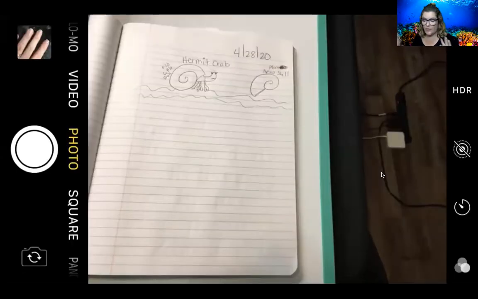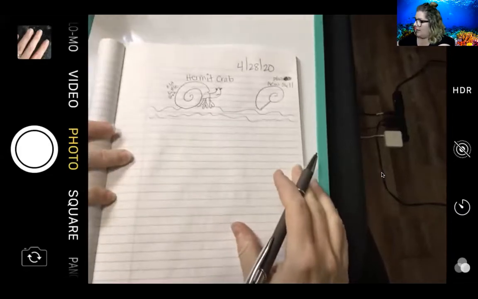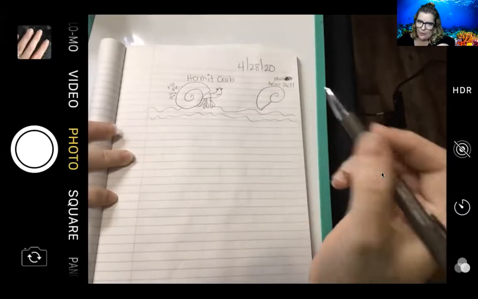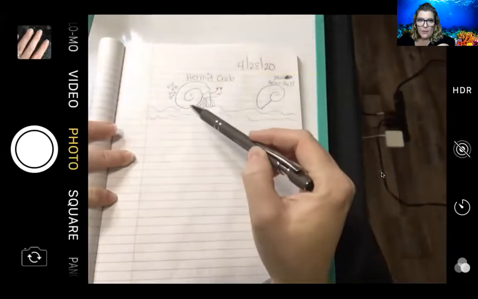Okay, so first, I'm going to do my writing lesson. I'm going to share my screen with you and I want you to follow along as I model my writing today. I went ahead and sketched and labeled my picture already. That helps us save a little bit of time, because I know you don't need to watch me sketch and label. I have a sketch of a hermit crab.